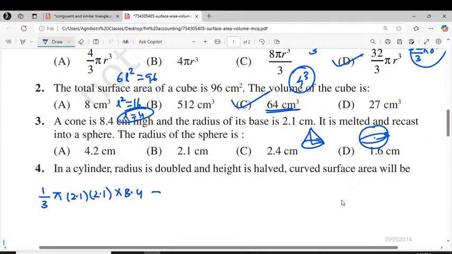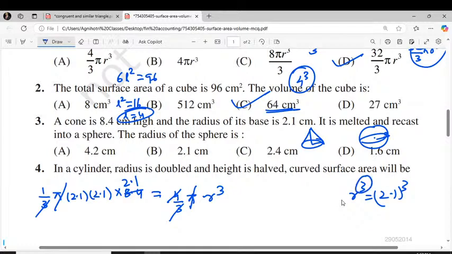It needs to be equal to the volume of your sphere, which is 4 over 3 pi r cube. R is what you want. 3 got cancelled, pi got cancelled, 4 will give you 2.1, and that's why r cube is 2.1 cube. If your powers are the same, the bases must be the same. 2.1, you got it very easily.